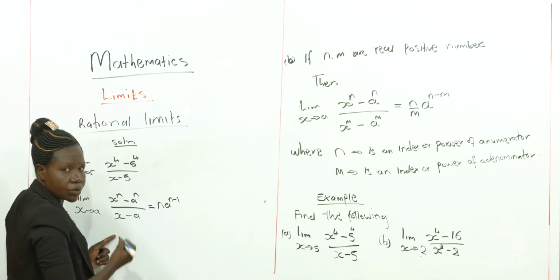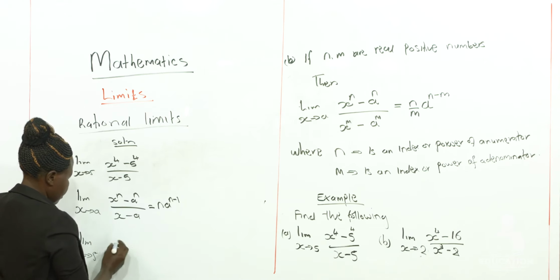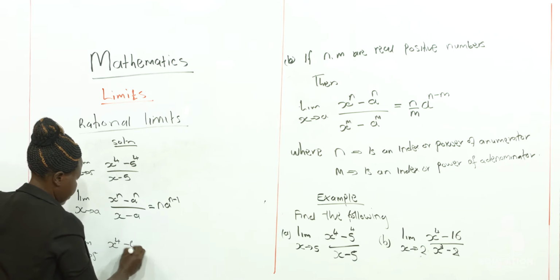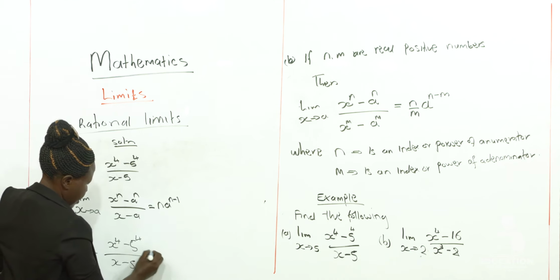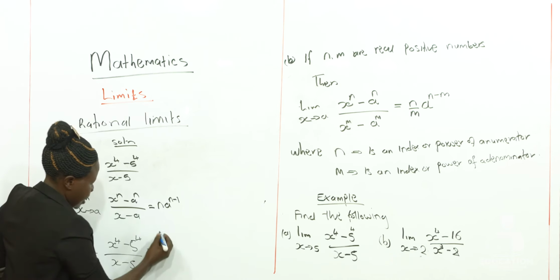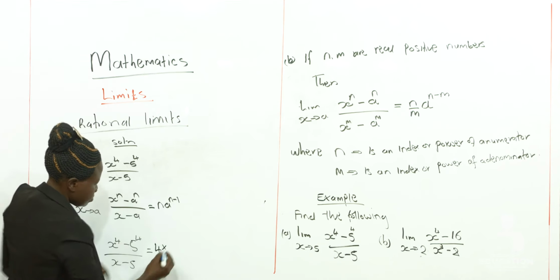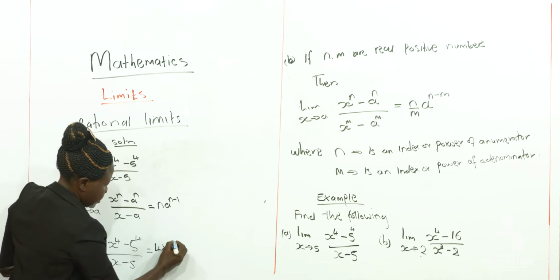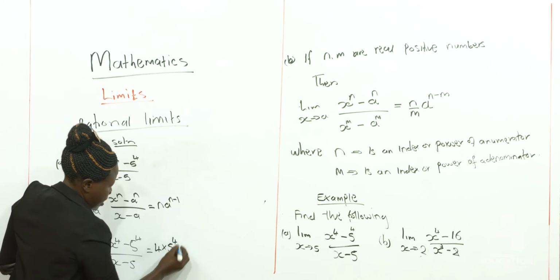After that, you will now substitute. You say the limit as x approaches 5 of x raised to 4 minus 5 raised to 4 over x minus 5. When I substitute this formula, I will automatically get 4 times a, which is 5 raised to n, which is 4, and then minus 1.